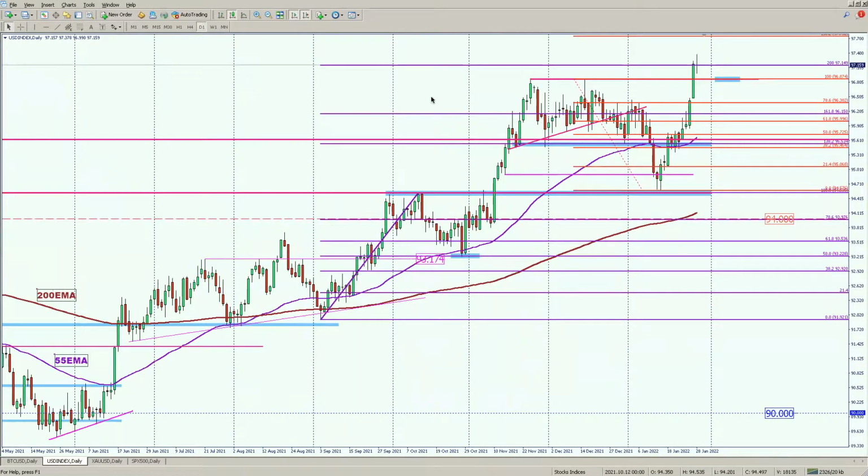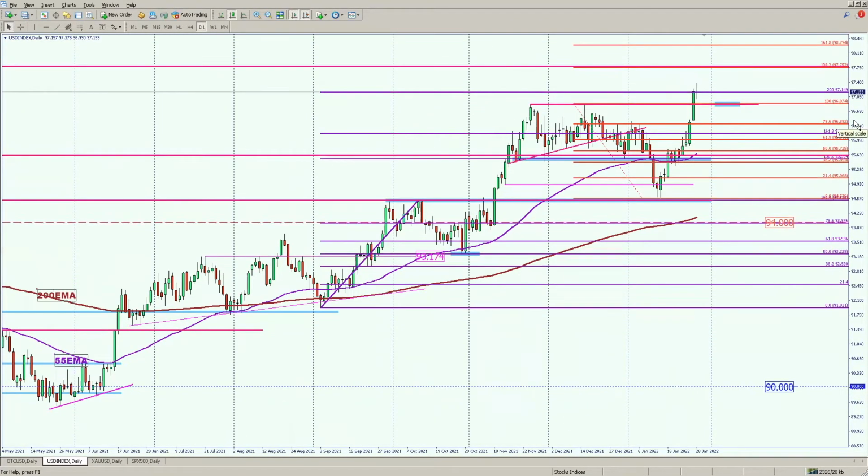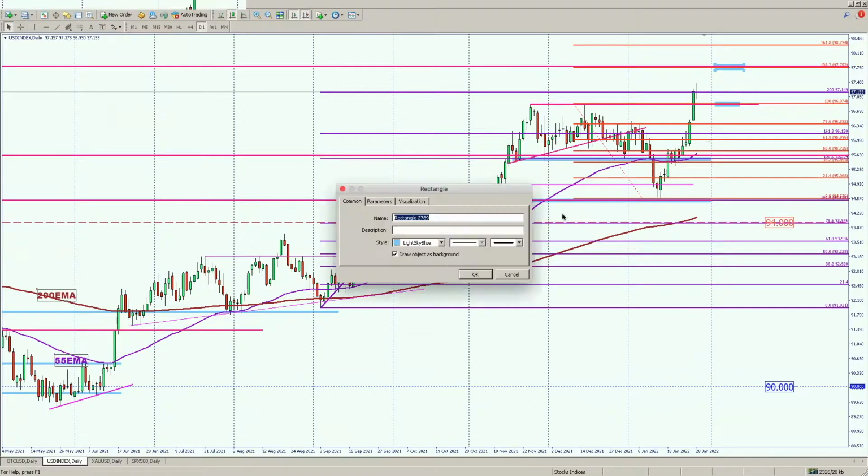Let's go back to the daily time frame. So let's mark a resistance zone up here. This is going to be a key one here.